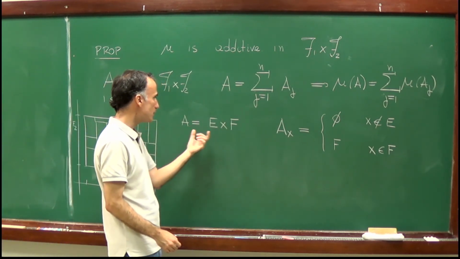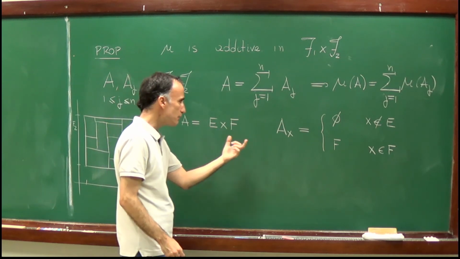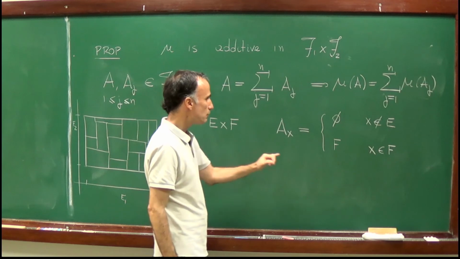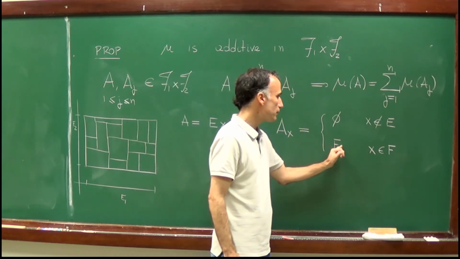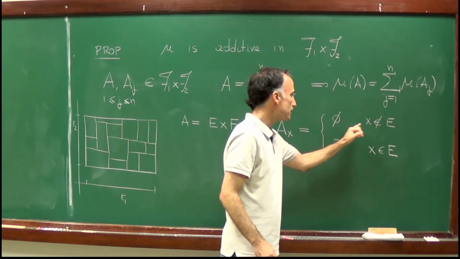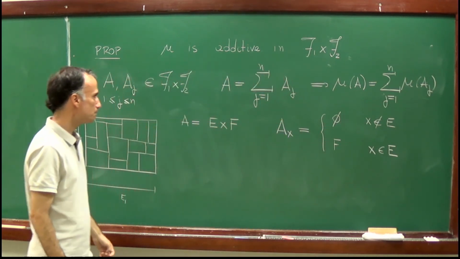If I have a set which is a rectangle E times F, A_x will be either F or the empty set: F if x belongs to E, and the empty set if x does not belong to E.